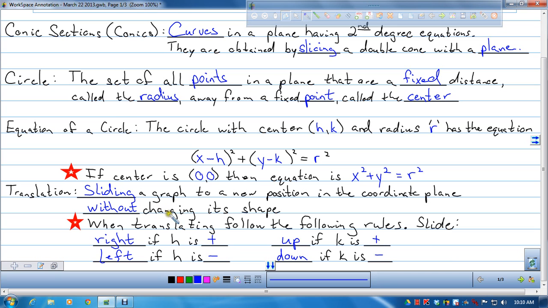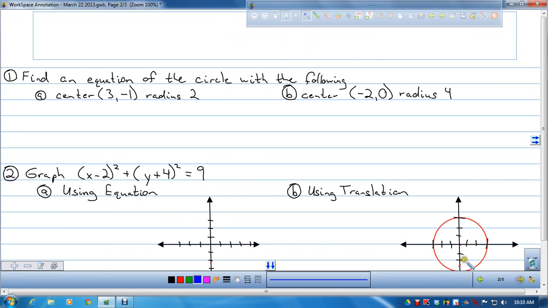But remember, if h is positive here, what you're going to see in your equation is minus some number. If h is negative, what you are going to see is you're going to subtract a negative, which would give you a positive. So it actually works opposite. If h is positive, you see a negative. If h is negative, you see a positive, and it works the same way for the k values. Hopefully we'll clear that up in some examples here.